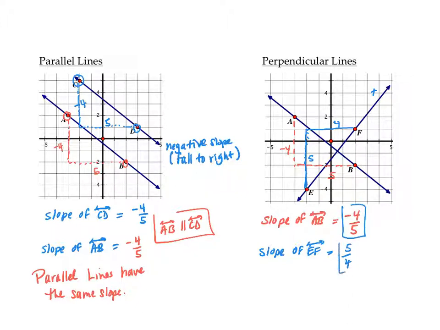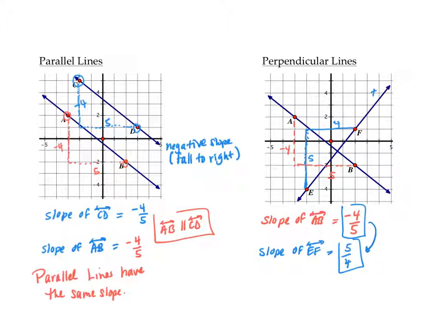If you compare these two slopes, -4/5 and 5/4, they're what we call negative reciprocals of each other. So this fraction flips over. -4/5 is the slope of the first line.